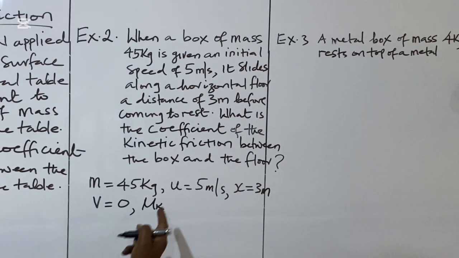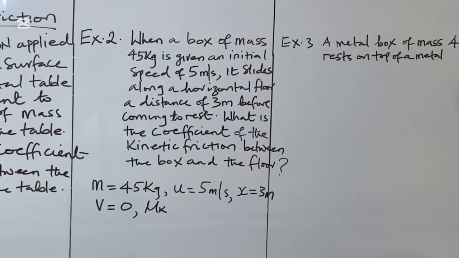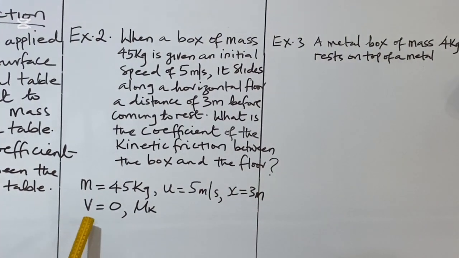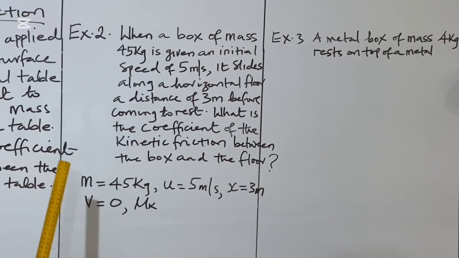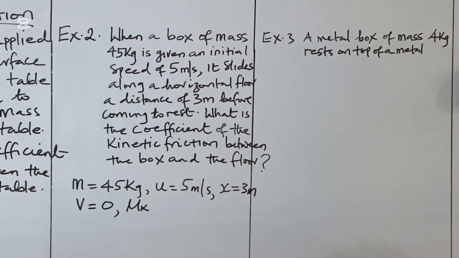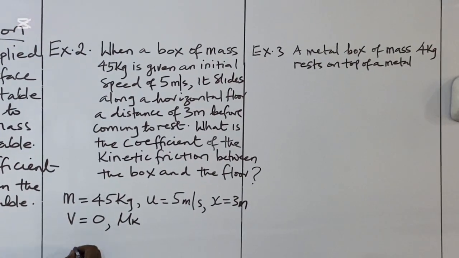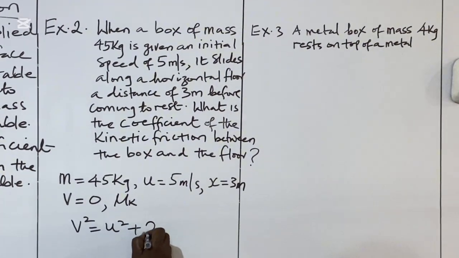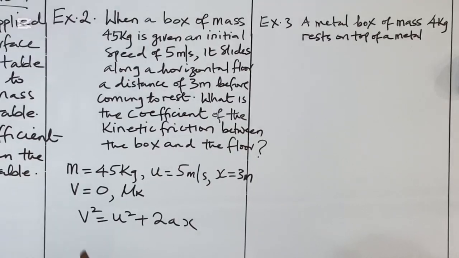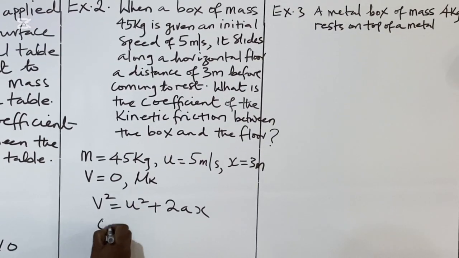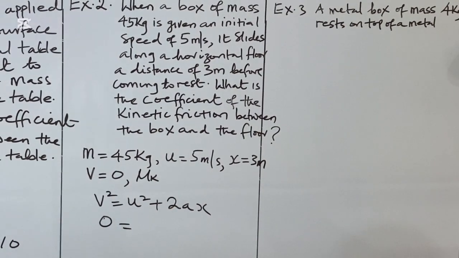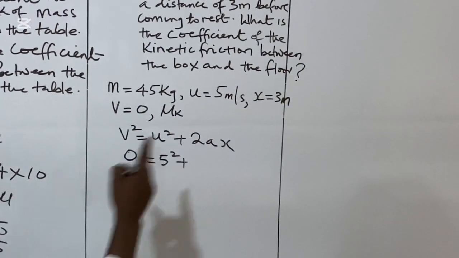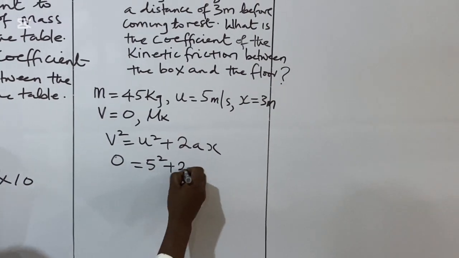Now we have initial velocity as 5 meters per second. We have our distance as 3 meters. We have our final velocity as 0. Therefore, we can apply the equations of motion. V squared is equal to U squared plus 2AX. Now our V is 0. Our initial velocity is 5. 5 squared plus 2, right?